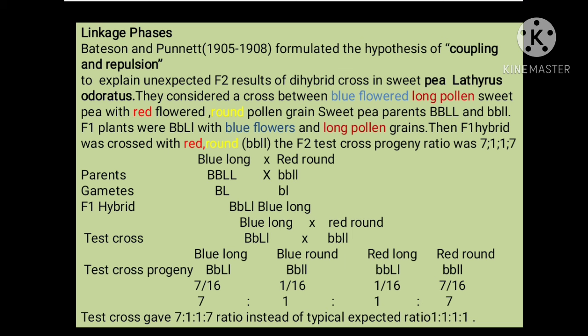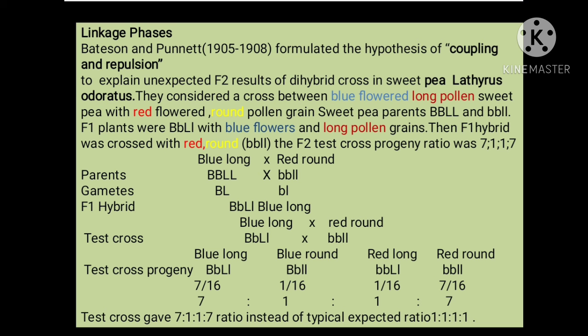Their gametes are capital B small b capital L small l, capital B small b small l small l, small b small b capital L small l, and small b small b small l small l, and the ratio is 7 to 1 to 1 to 7.